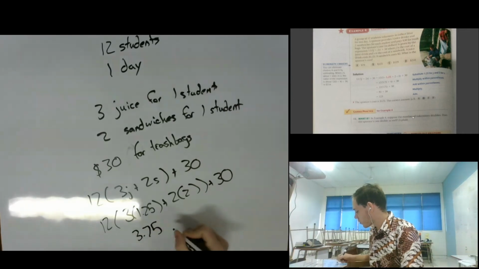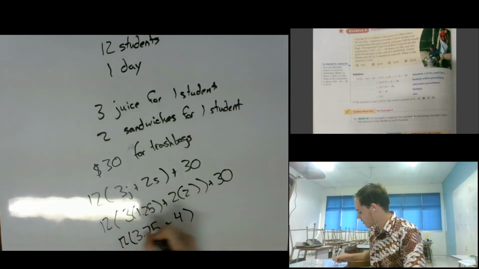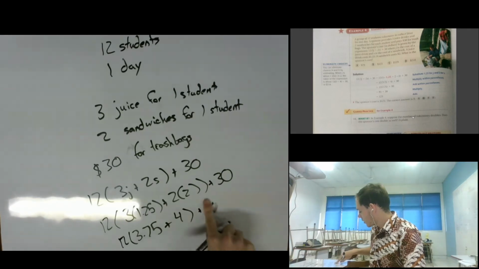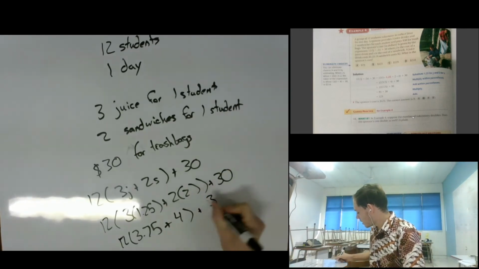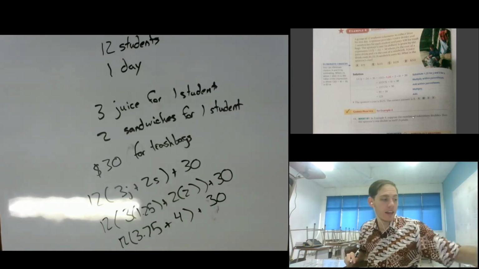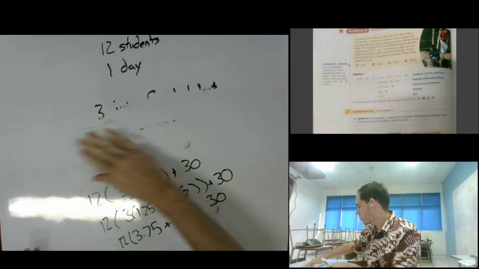3.75. If you want to do the math, that's there. 2 times 2, that's 4. That's inside the parentheses. And then we do, so we're still in the parentheses, we're not done yet. So we did multiplication first, now we do addition. And I'm going to erase my givens. So the people who are confused, you can go back to look at your givens.